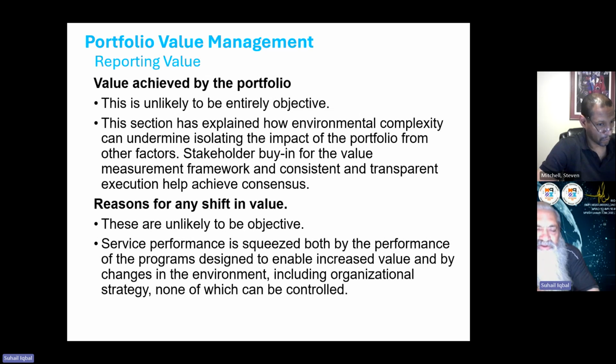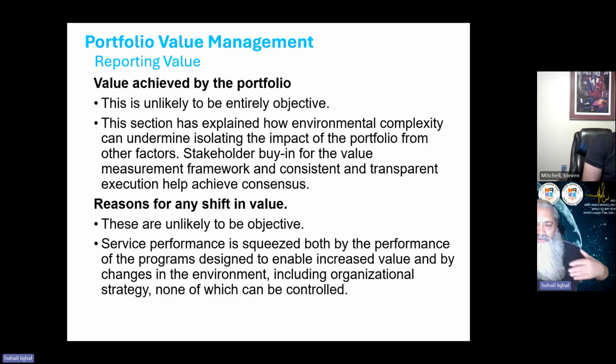Stakeholder buy-in for the value measurement framework and consistent and transparent execution help achieve the consensus. Reasons for any shift in value are unlikely to be objective. Service performance is squeezed both by the performance of the program designed to enable increased value and by changes in the environment.